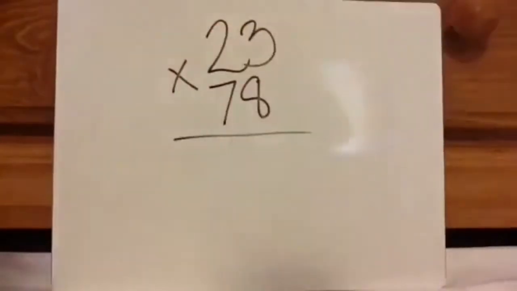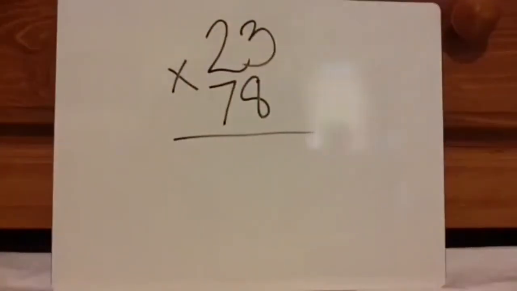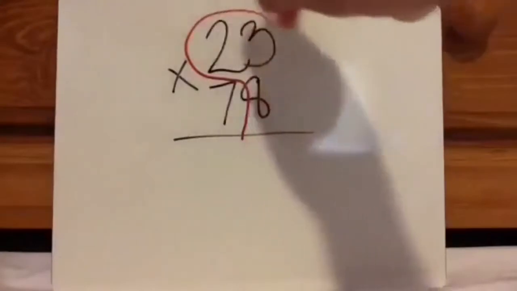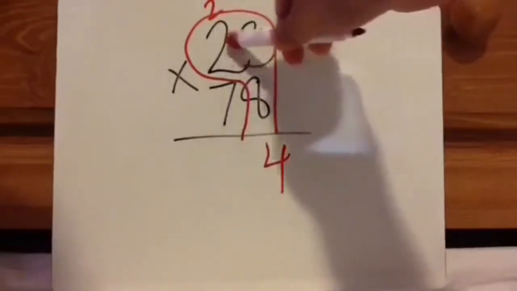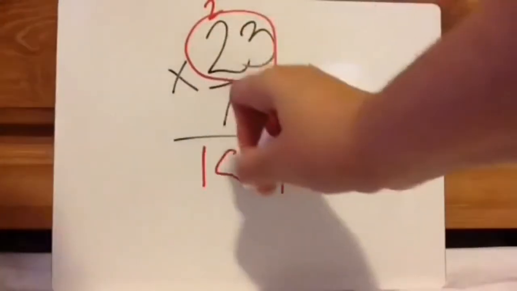So if that one was 78 times 23, this is 23 times 78. So step 1, draw the turtle and do 23 times 8. 8 times 3 is 24. Carry the 2. 8 times 2 is 16 plus 2 is 18.